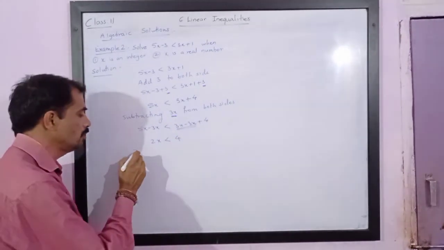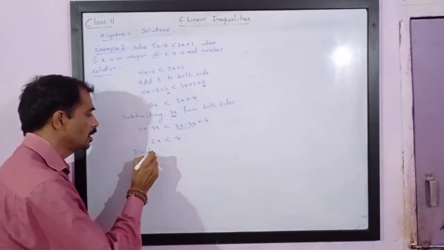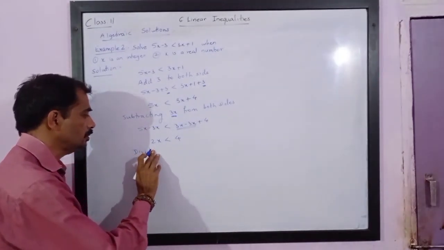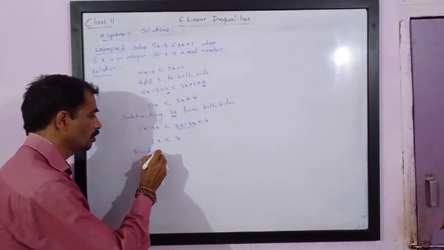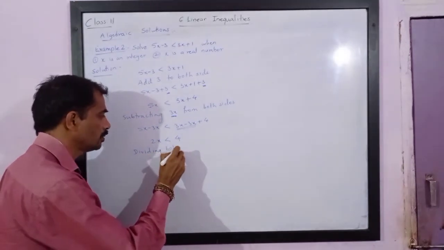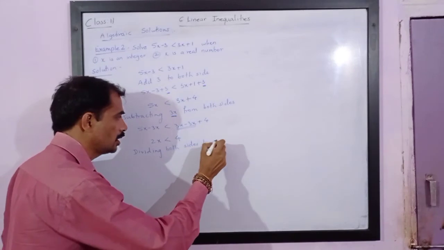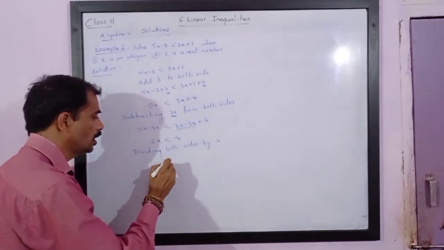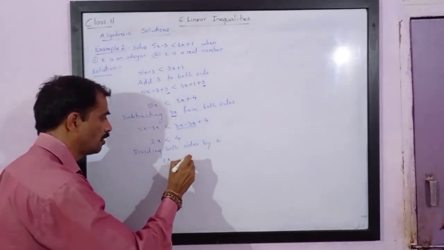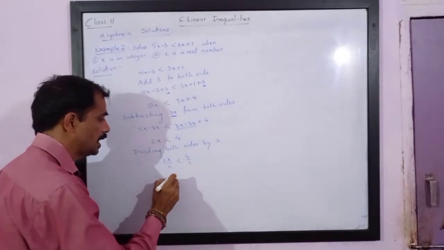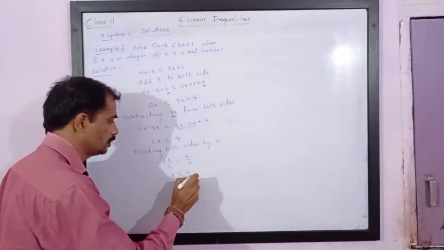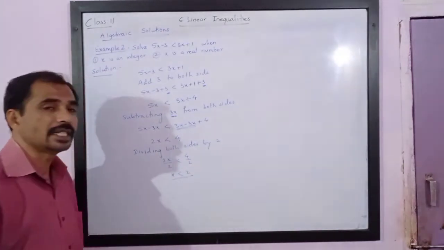So, dividing both sides by 2, you will get 2x divided by 2 less than 4 divided by 2. That is, x is less than 2. x is strictly less than 2.